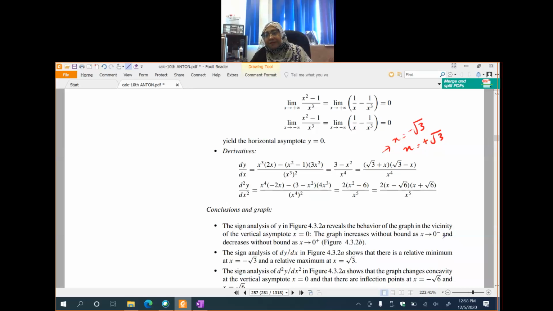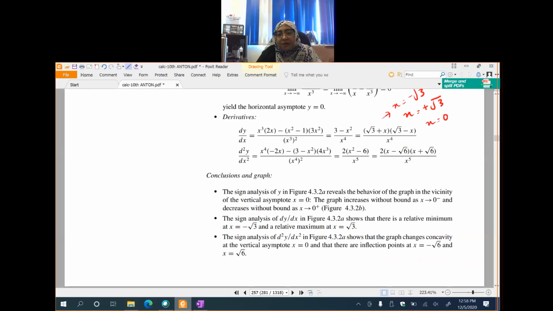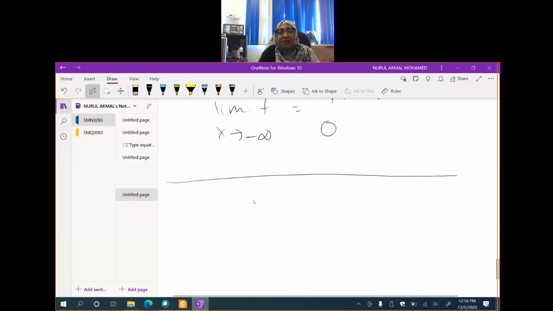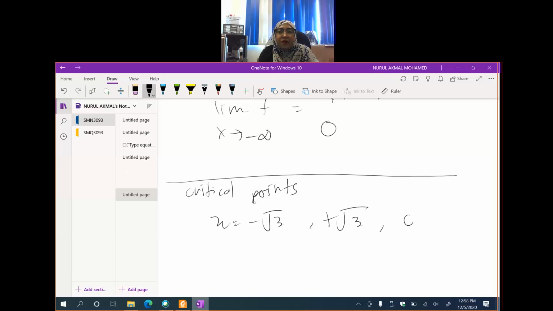Okay, so these are the 2 points, as well as when the denominator is equal to 0, which is at x equal to 0. So we have critical points x equal to negative square root of 3, positive square root of 3, and 0.